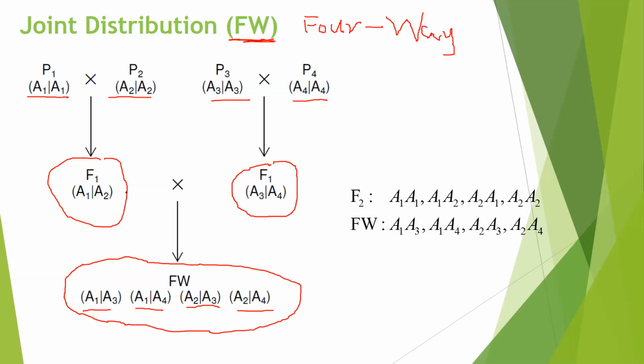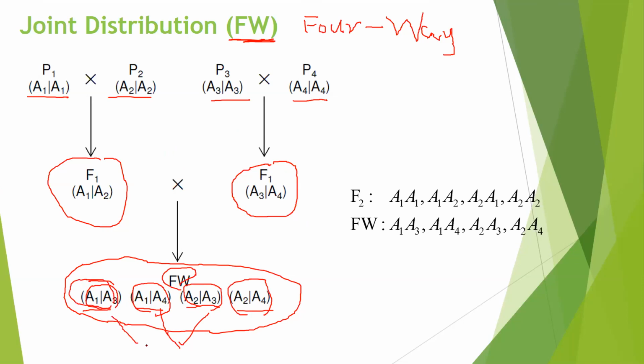Because if you look at the final progeny in the 4-way design, we still have 4 types of genotypes, but we can tell the difference between number 2 and number 3 because they are different. All 4 genotypes are different.